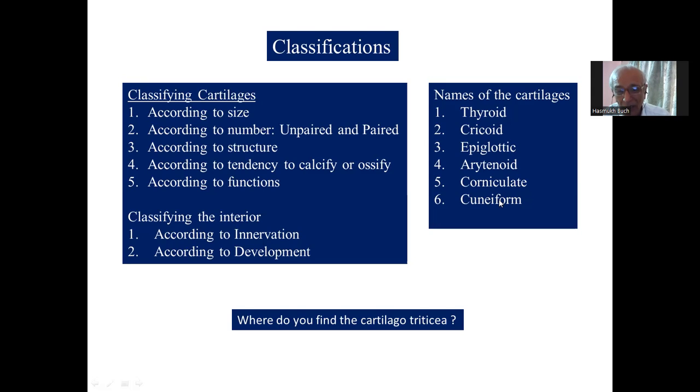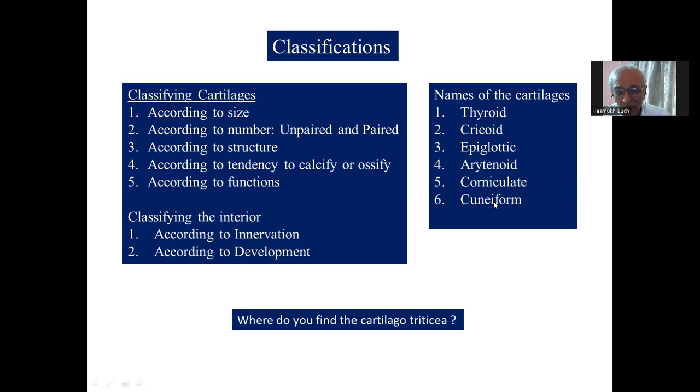This is located in the aryepiglottic fold region. According to size, it is a small cartilage. According to number, it is a paired one. According to structure, it is a fibrocartilage, elastic fibrocartilage. And such cartilages do not have a tendency to calcify or ossify.